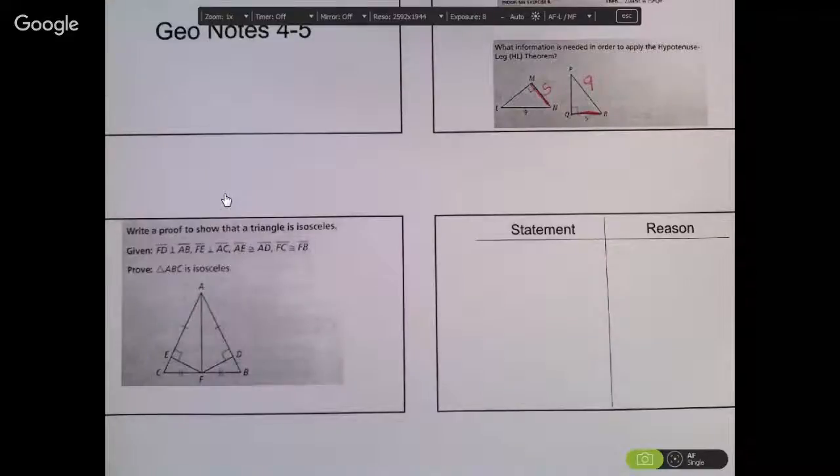Wait, did I say non-parallel lines? I said that wrong. Parallel lines intersect in non-Euclidean geometry. That's not what we're studying. Let's move on, please.